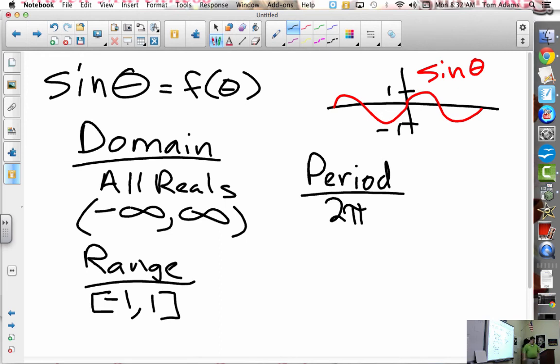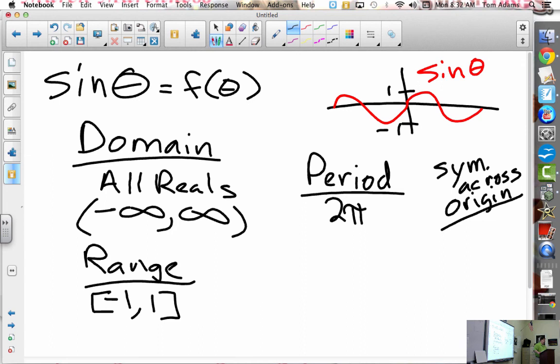It is symmetric across the origin, and we talked about that a little bit, but do you guys remember what symmetric across the origin means?